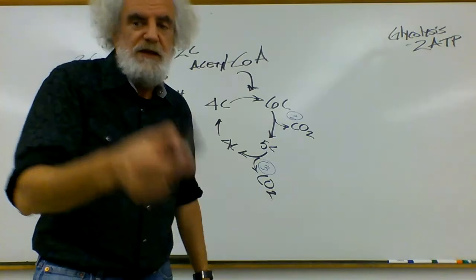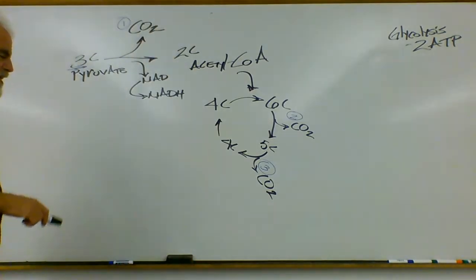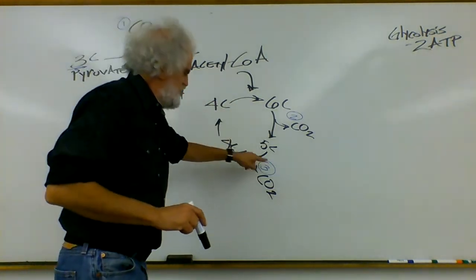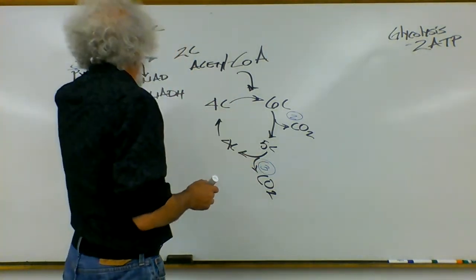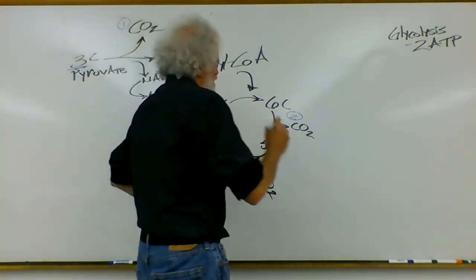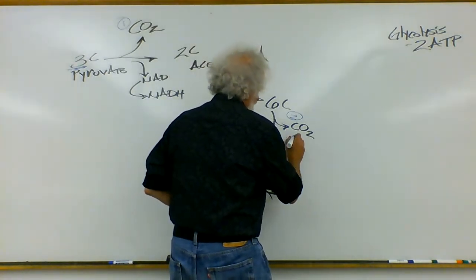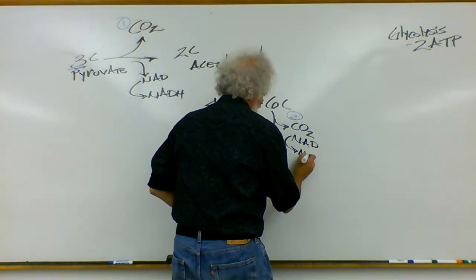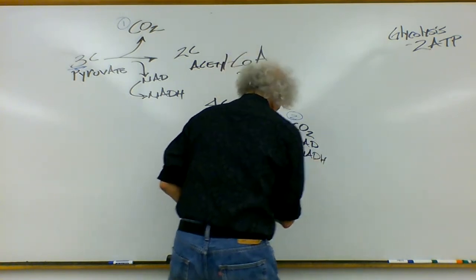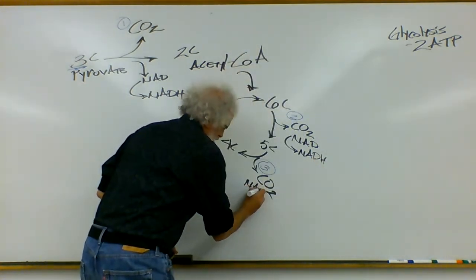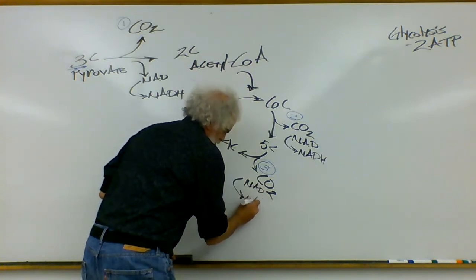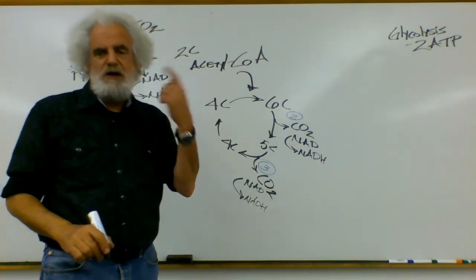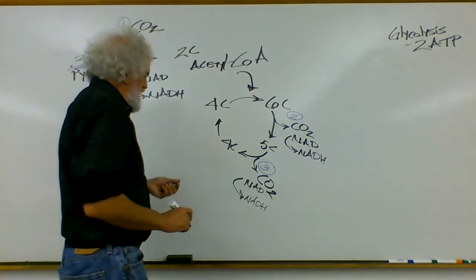All right. So the next thing that we have to consider, though, is that each time these carbons are being released, here, here, and here, we've got the requirement of an NAD to pick up the electron. NAD picks up the electron. And there are a couple of other things happening that we got to fit in here.